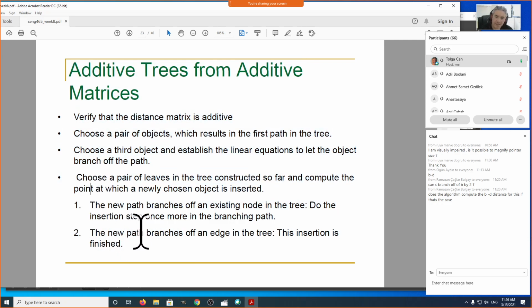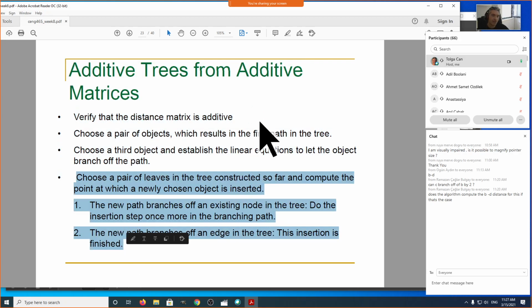Choose a pair of leaves, and what's the worst case complexity of repeating this? Just if we were successful in the first step, there are n-3 remaining, because we have already put 3 of the nodes in the tree. So this loop is going to run for n-3 remaining nodes.